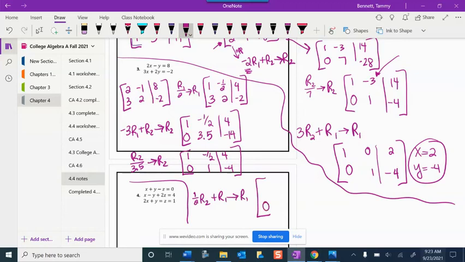So row 2 stays the same, 0, 1, -4. 0 times 1/2 is 0 plus 1 is 1. 1/2 times 1 is 1/2 plus -1/2 is 0. 1/2 times -4 is -2 plus 4 is 2. So that means x equals 2 and y equals -4.